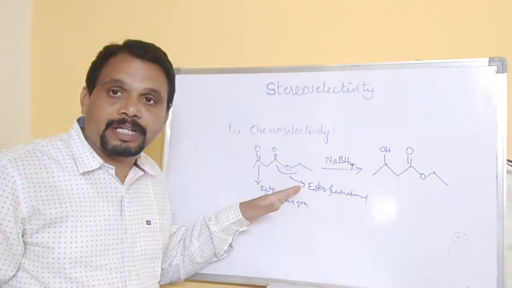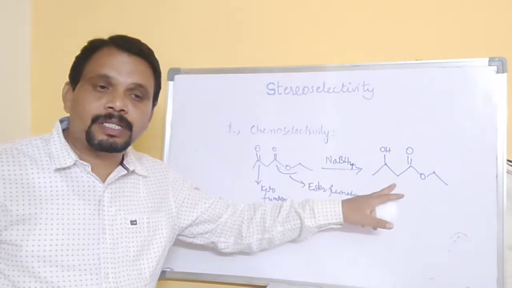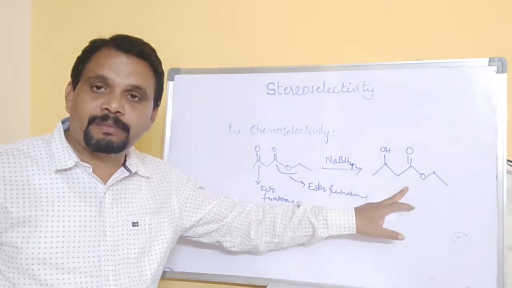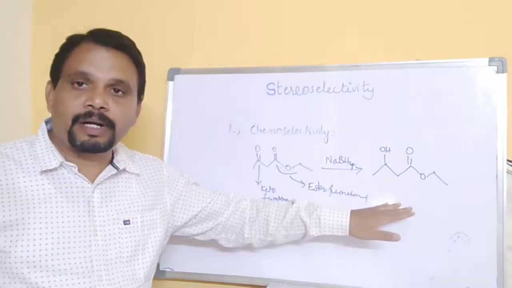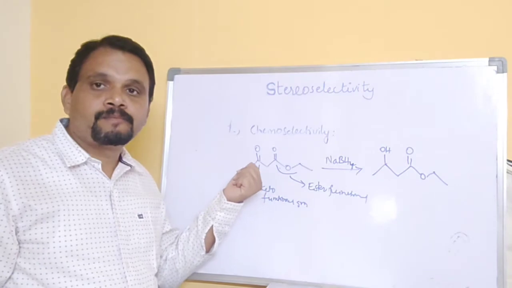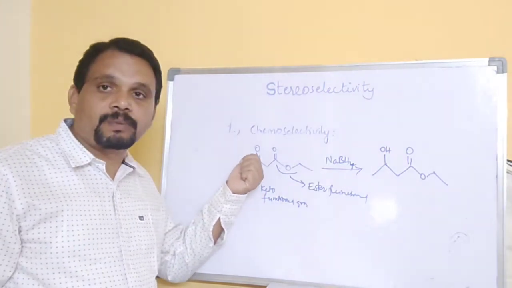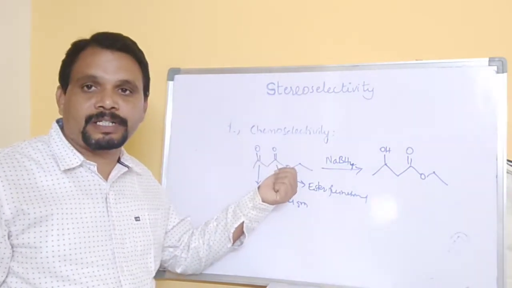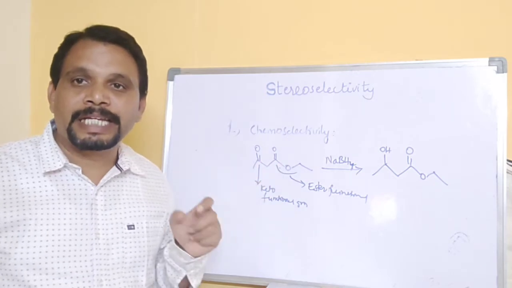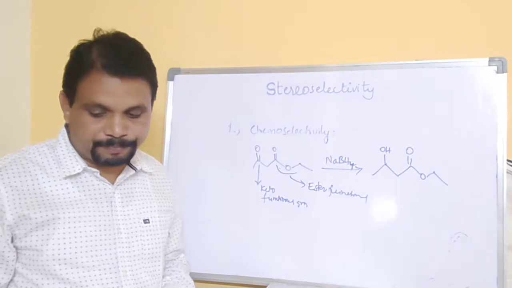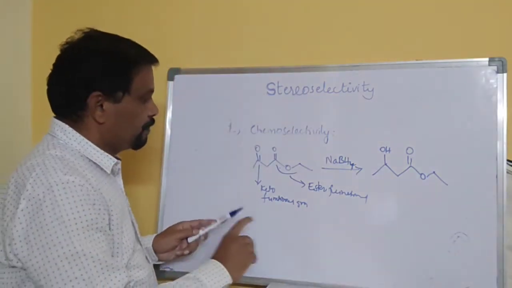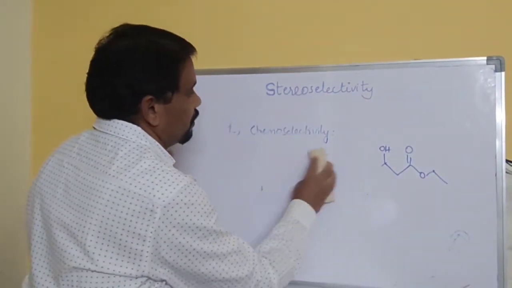In a chemical reaction that produces predominantly, preferably one product over the other possible products by attacking one functional group over the other possible functional groups is known as chemoselectivity. So I'll give you one more example on that.